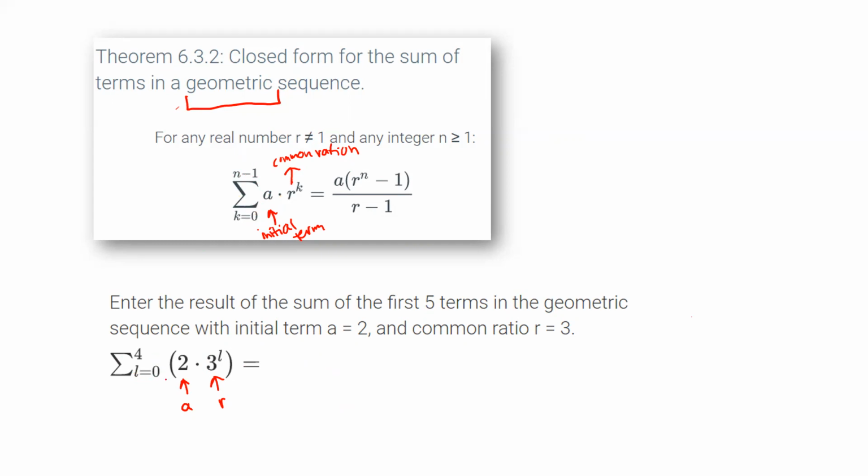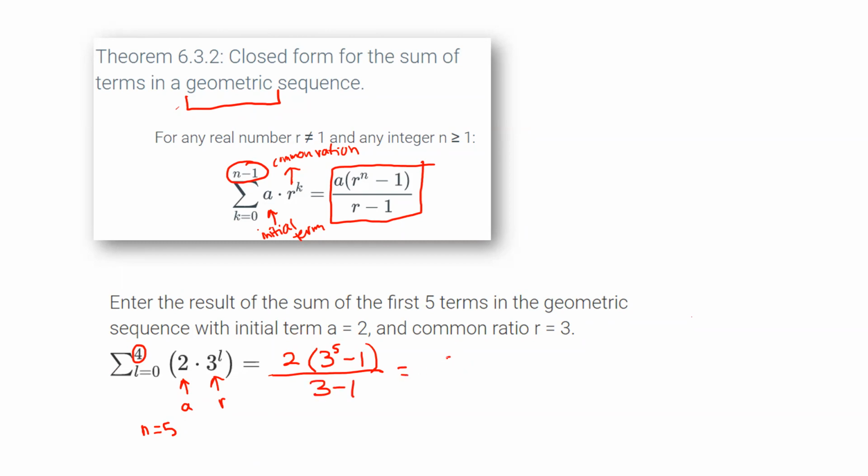Okay, so now in this formula, we're going 0 up to N minus 1. So since we're going 0 up to 4, to find N, we would have to just add 1 to that upper limit, right? This is supposed to be N minus 1. So to get N, I have to add 1 to it. So that would be a 5. So let's just plug these numbers into this formula here. So I would have a 2 times 3 to the 5th minus 1 over 3 minus 1.